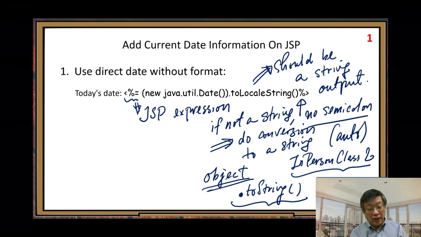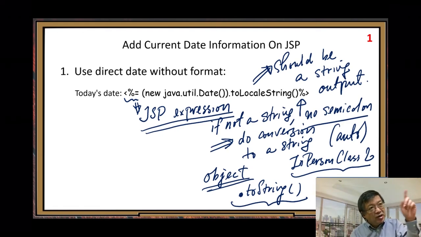So that's simple. That's pretty much all the basic properties we need to learn from a JSP expression. Now let's take a look.